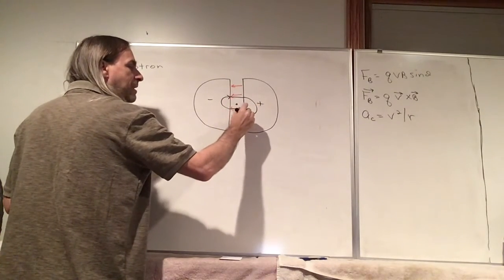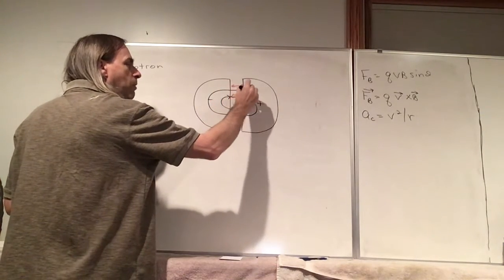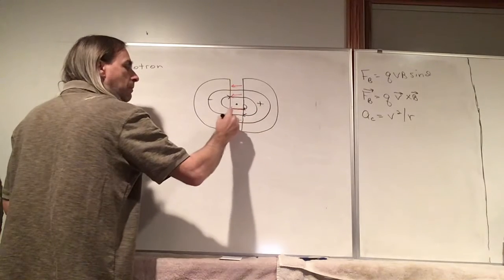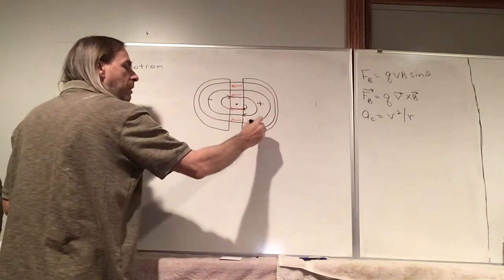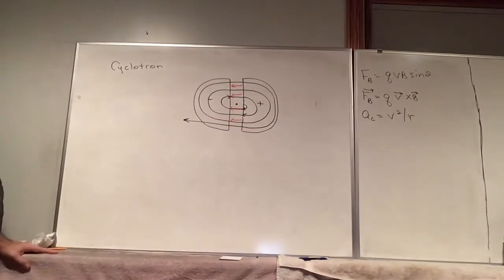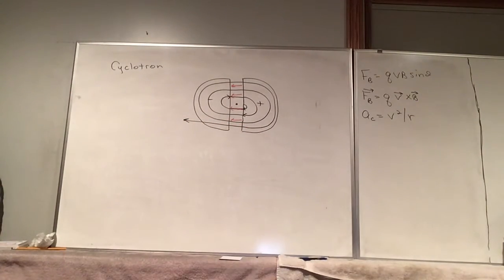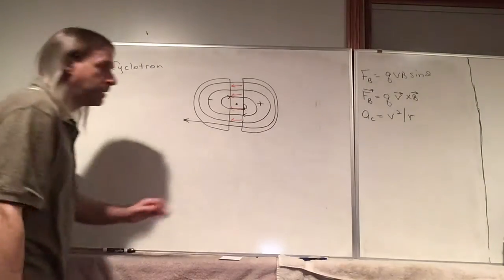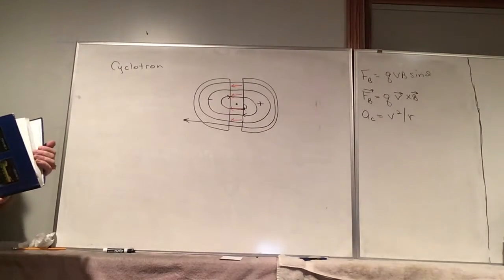And so you can see how this device is going to work. Every time it goes through, it's going to be going faster, and eventually we'll run out of room. Once it reaches the outer radius of the device, we just let it go flying off through a hole in the device. Let me show you a picture of that.